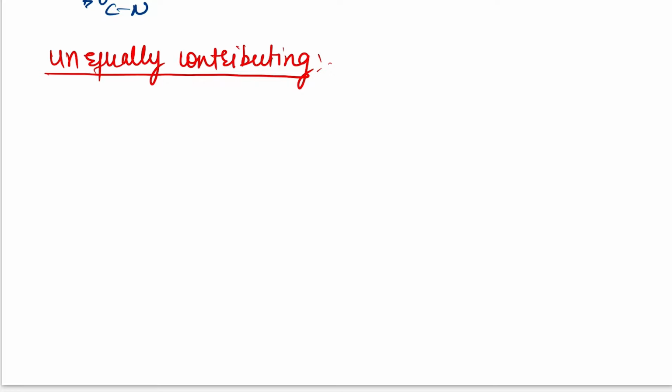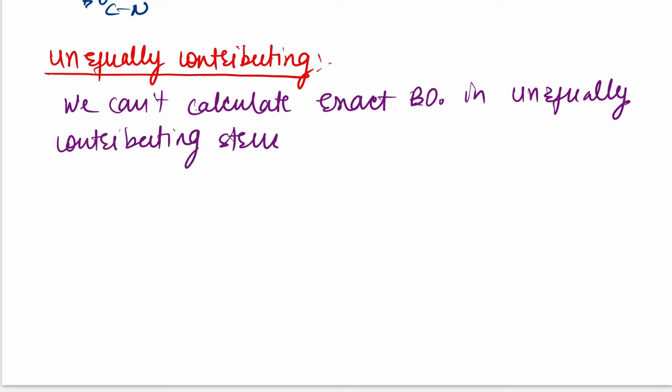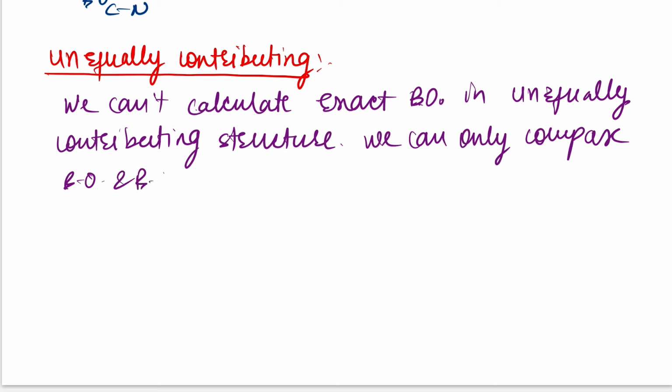In order to identify them, first of all understand we cannot calculate the exact bond order in an unequally contributing structure. We can only compare. We can only compare bond order, bond length and bond energy, whatever we had. How can we compare? Let's talk about it first.